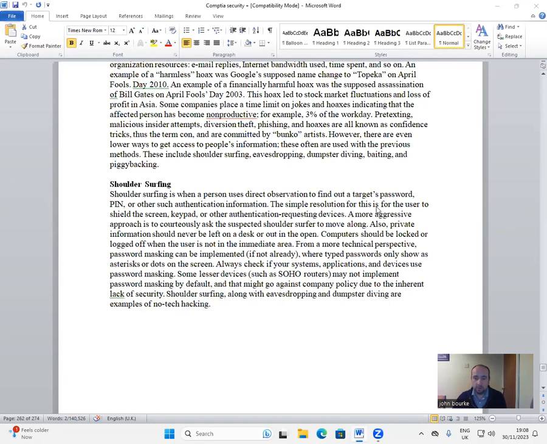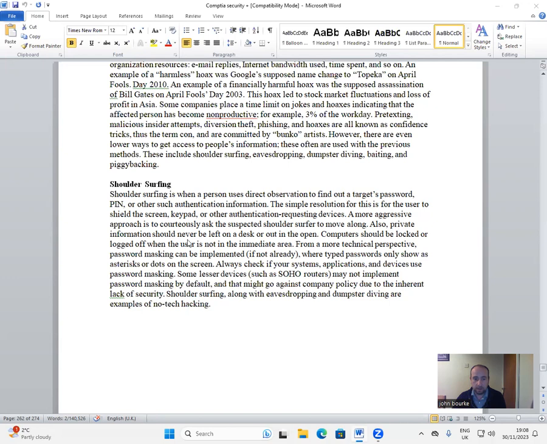The simple resolution for this is for the user to shield the screen, keypad, or other user authentication requesting devices. A more aggressive approach is to courteously ask the suspected shoulder surfer to move along.